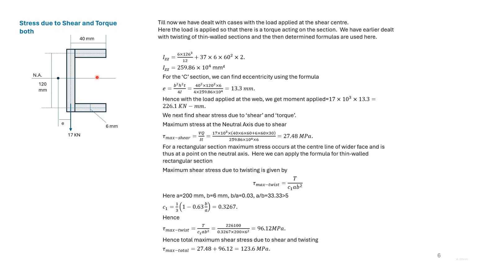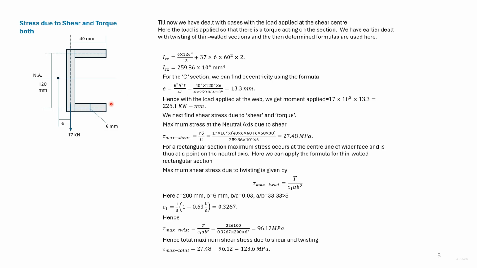If a vertical applied force does not pass through the shear center, then the section will be subjected to stresses both due to shear and torque. Here a force aligned with the middle of the web acts. So this force will create both a shear and a torque in this section.